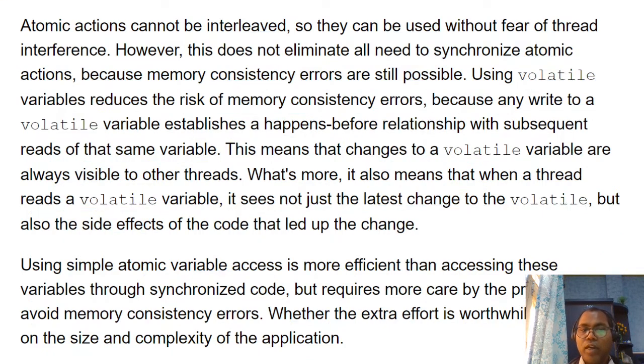But volatile can be applied to any data type, maybe a particular field you make volatile, so that if any other thread tries to change the value of the volatile field, volatile ensures that the other threads get the latest value.